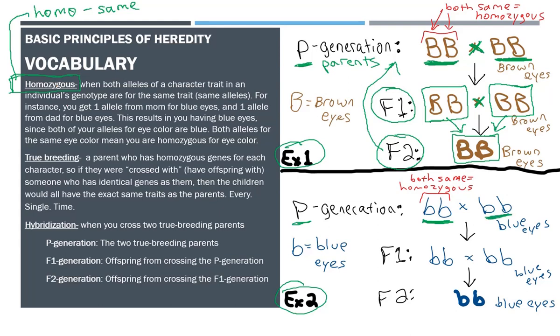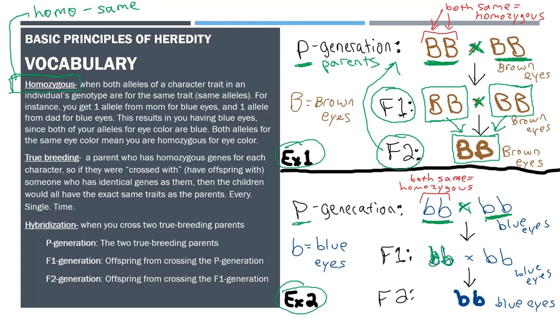And the other parent over here, both of their alleles for eye color are for blue eyes. And so when they cross and have a child, the child is going to get blue eyes, because there's no capital B, there's no brown eyes around to dominate and to silence that blue eye allele.